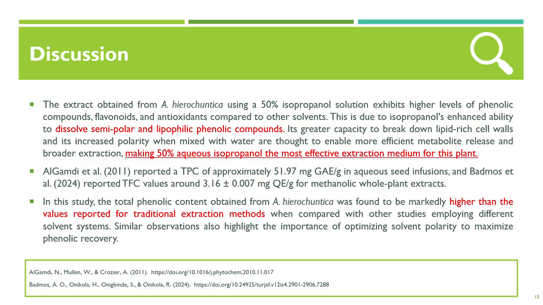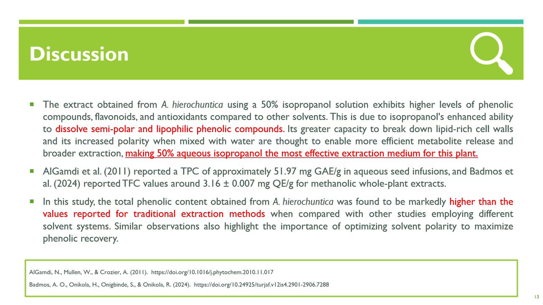The 50% isopropanol extract of Anastatica hierochuntica demonstrated substantially higher phenolic, flavonoid, and antioxidant levels compared to extracts obtained with other solvents. This enhanced efficiency is attributed to isopropanol's superior ability to solubilize semipolar and lipophilic phenolics, its improved penetration of lipid-rich cell walls, and its increased polarity when combined with water, all of which facilitate more effective metabolite extraction.